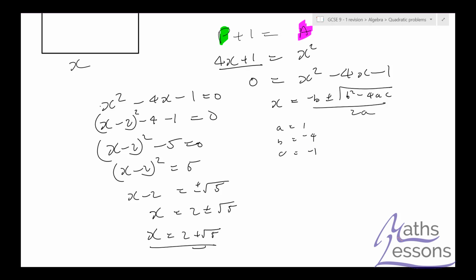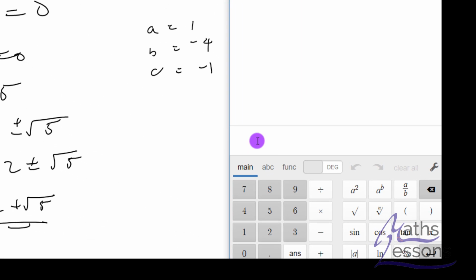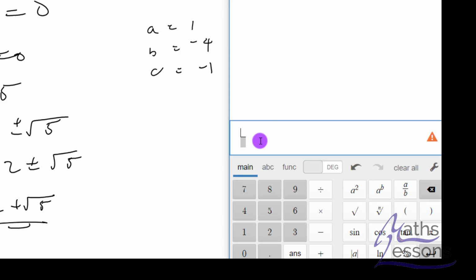And then I get my good friend Desmos to work that out. So a is 1, so I'm going to put it into this. Press the fraction button to get the fraction. And I want minus b, so it's going to be minus minus 4, which is going to give me 4. I'm going to do plus first. The square root of b squared, and b is equal to minus 4, so put that in brackets, minus 4 close brackets squared.